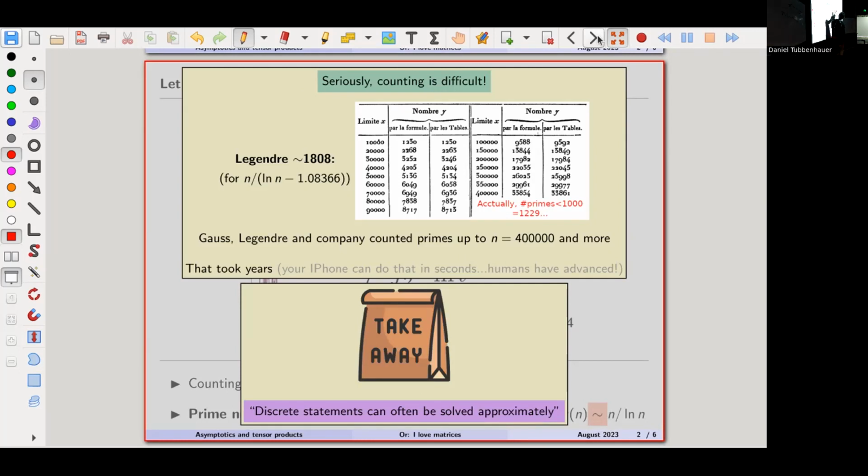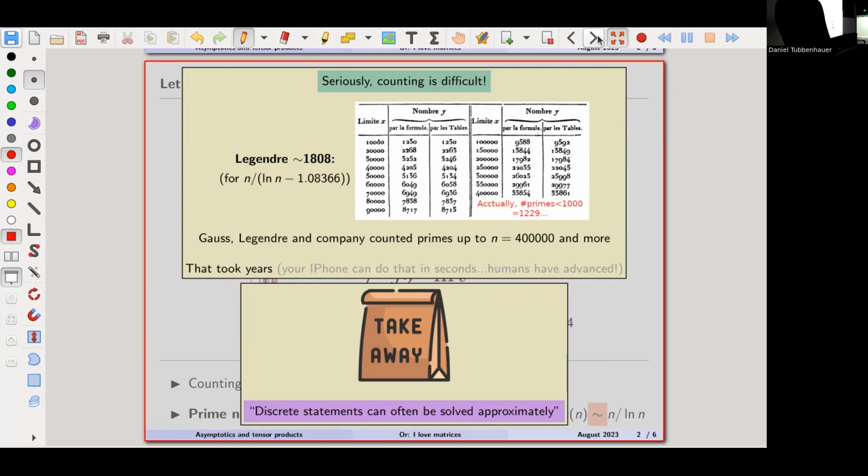Whatever comes out of the formula is the first line, whatever comes out of a table of prime numbers is the second line, but actually this number should be 1229 and not 130, which doesn't really matter in the long run, obviously. But apparently the number is counted, and the fun fact is that the final number is correct again. So there's a mistake somewhere in the beginning, and then it corrects itself by another mistake.